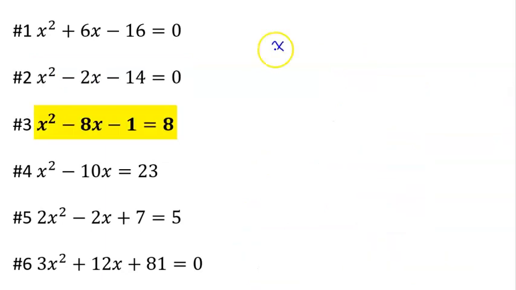For number 3, we have x squared minus 8x minus 1 equals 8. A is 1, so I can continue. I want to move all of my constants over to one side. X squared minus 8x equals 9. From here, take my b value, negative 8.